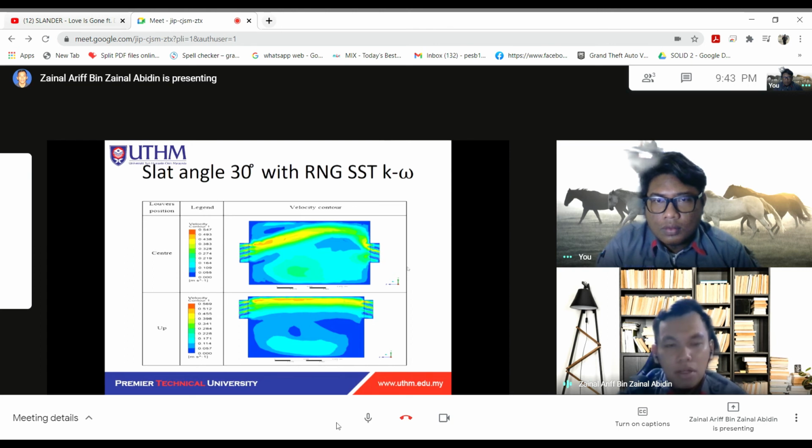Based on the result obtained for the 30 degree slant angle, the velocity inside the air ventilation is quite high compared to the 15 degree angle. Based on our previous study, we found that the highest velocity inside the air ventilation should not be too high, because it could cause damage to other parts inside the building.